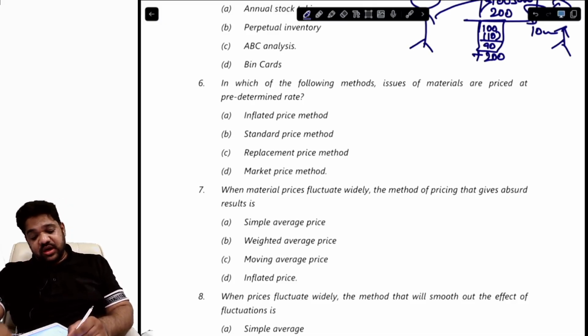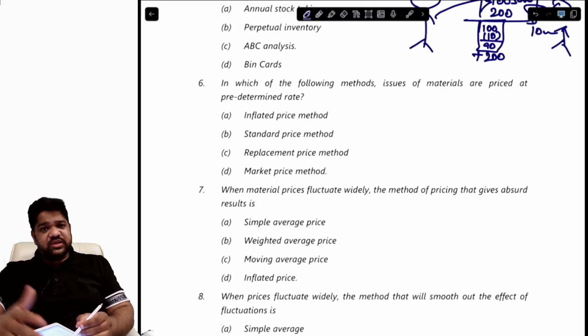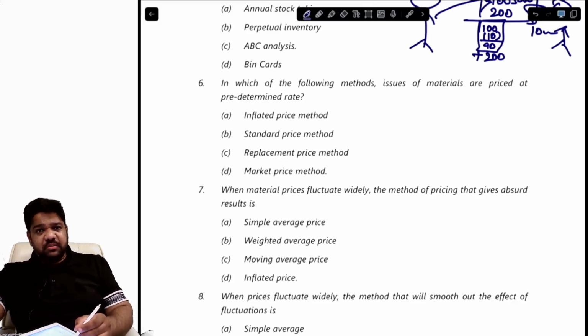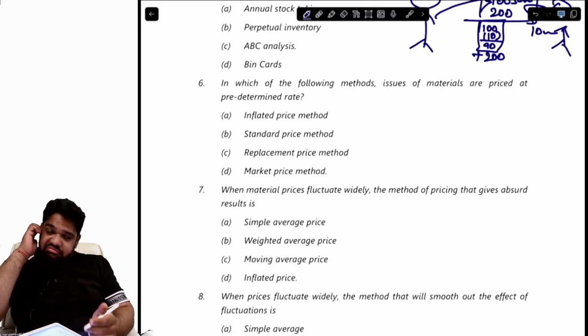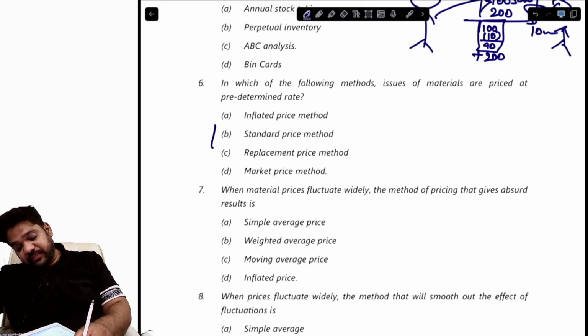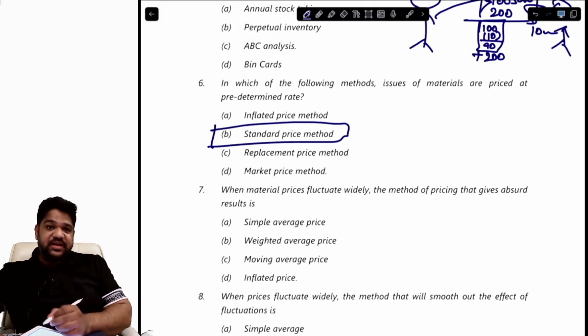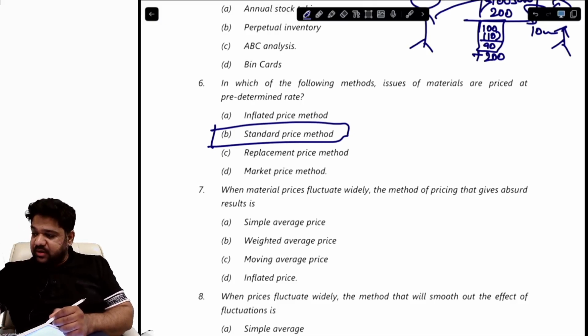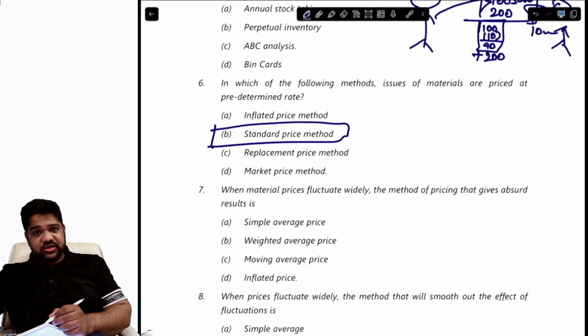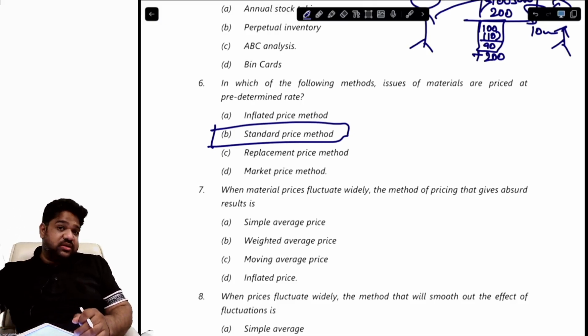Replacement price method, will it be predetermined? No, because replacement price will tell you the current market price. You cannot predetermine that. Market price method, no. So what are you left with? Standard price method, which means one price for everything. All the materials will be charged at that one price. So that will become the answer to this one.